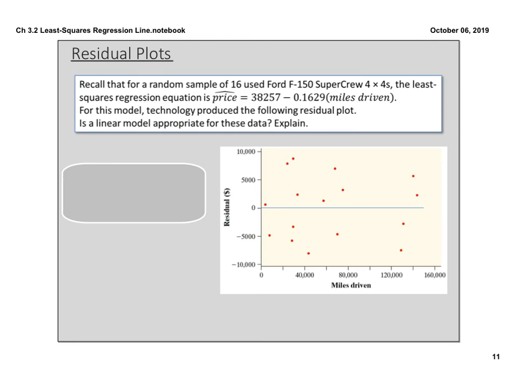So recall, we're going to think back to that Ford F-150 example. Here's the LSRL that was given for us. It says, for this model, technology produced the following residual plot. So here's your residual plot. Now decide, is that linear model appropriate? Does it look like that residual plot has a good random scatter going on?